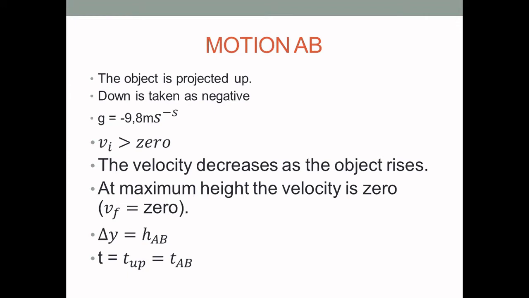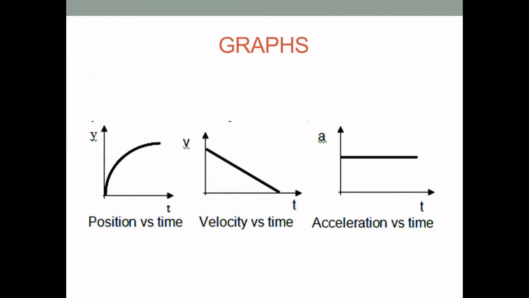Delta Y is the same as the height AB. Then the time taken to reach B is the same as T up, which is also the same as T down, which is TAB. This is how the graphs look like. Up is taken as positive. These are the graphs for motion AB.